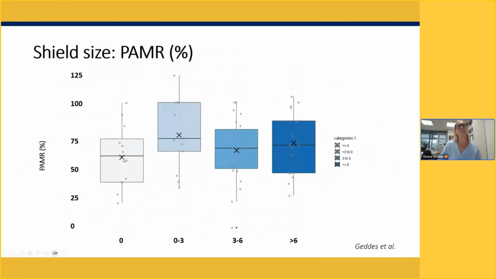PAMAs, however, are trending to be slightly less with our fitted shield, our 0 millimeter shields, versus ones that give some room to move. However, we do need some more numbers in these studies.